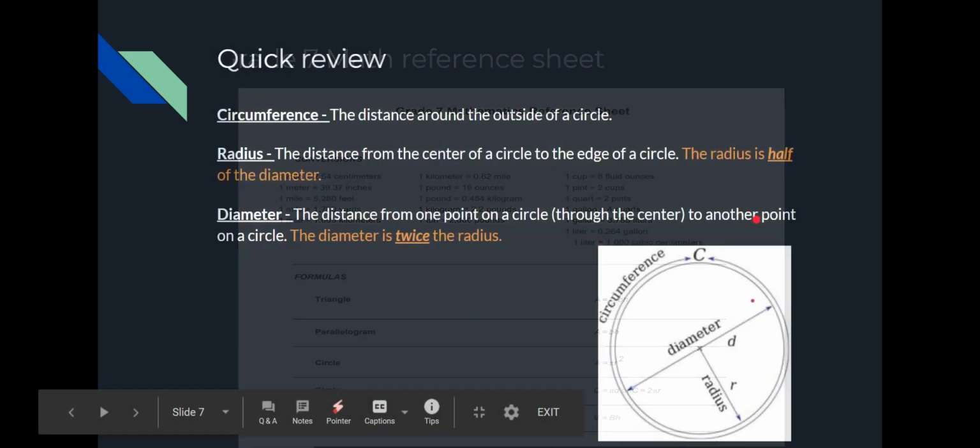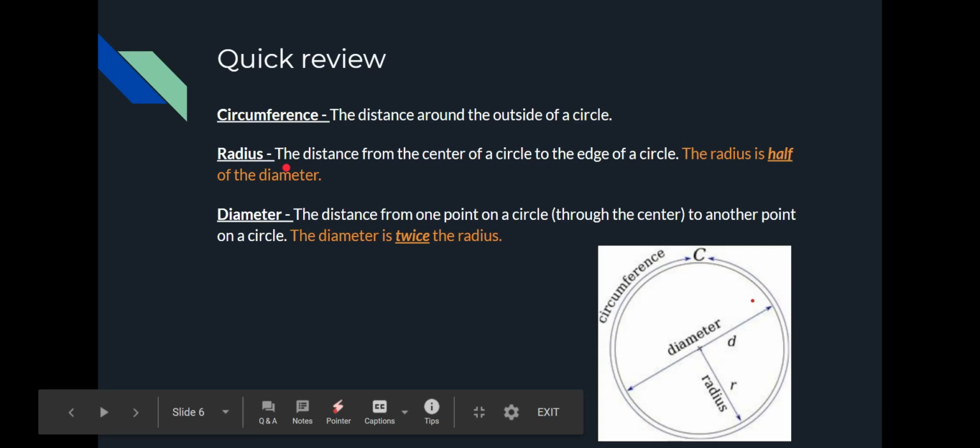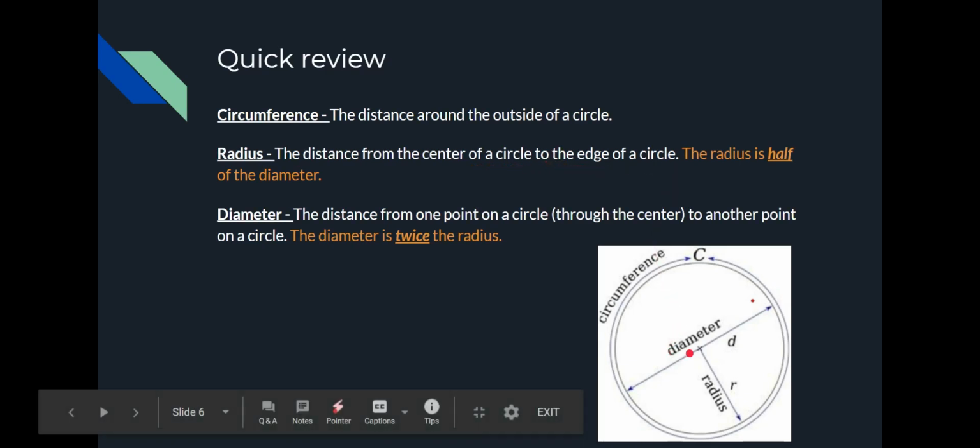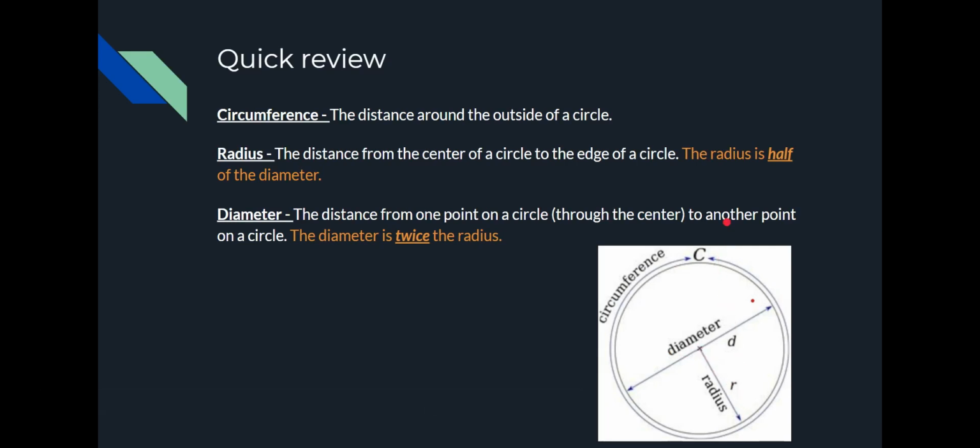Oops, sorry, let's go back. Okay, now radius. The radius is the distance from the center of a circle to the edge of a circle. And the radius is half of the diameter, which we're going to talk about next. The diameter is the distance from one point on a circle through the center to another point on the circle.